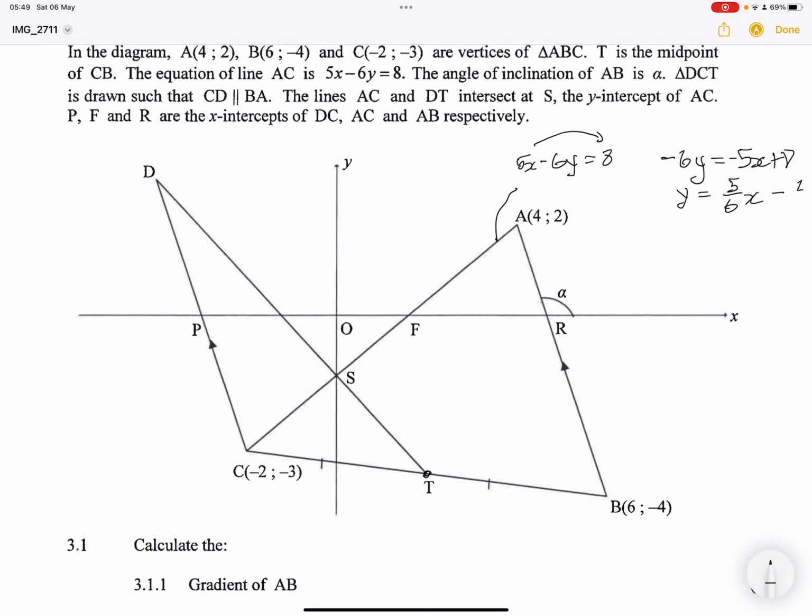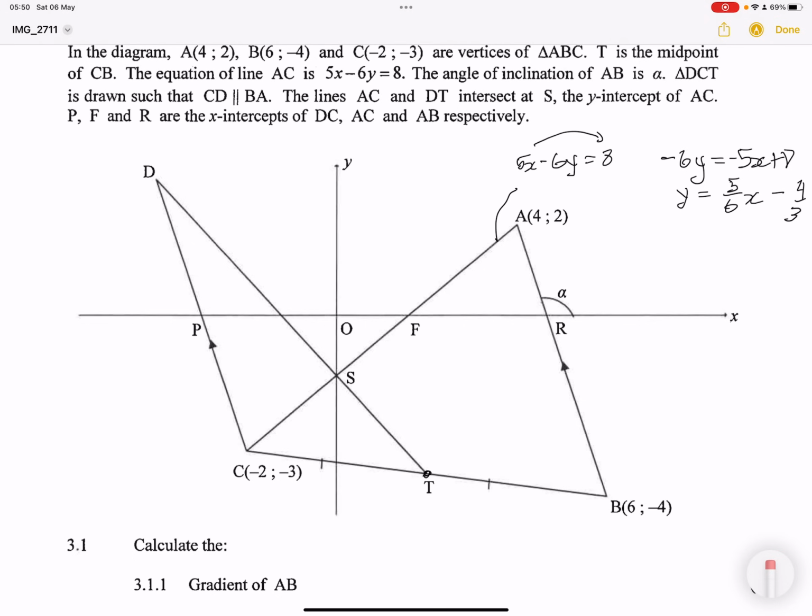So that is minus 4/3. This is the equation of our line AC, so we know the gradient should be 5/6.